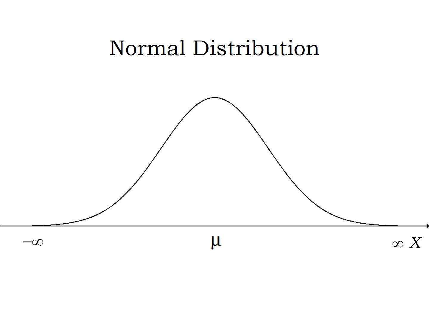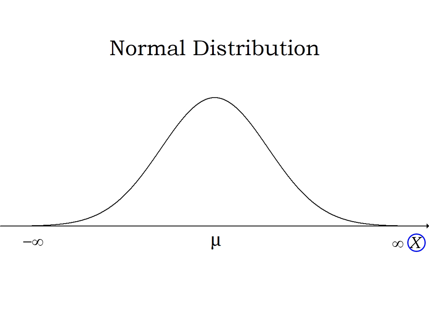So here's what the graph looks like. It's the bell curve, centered at mu. It goes off to the left to negative infinity, to the right to positive infinity. Now notice in the bottom right-hand corner here, we've labeled the graph. So this particular graph, our variable is x.